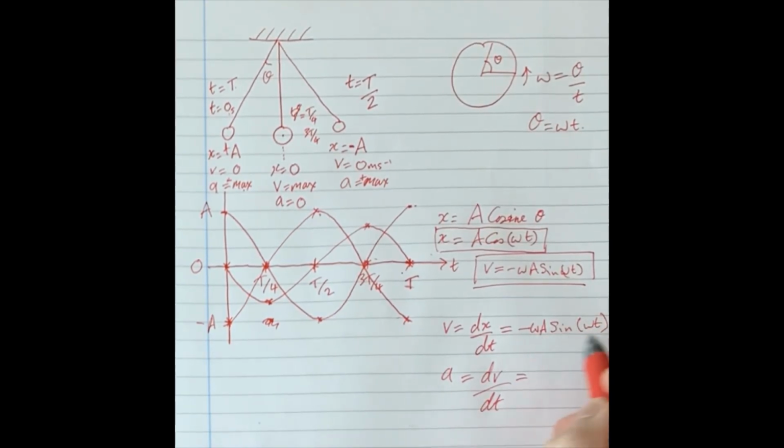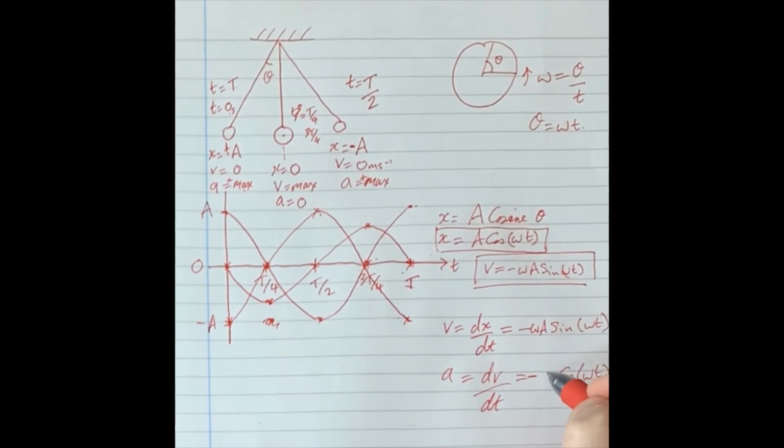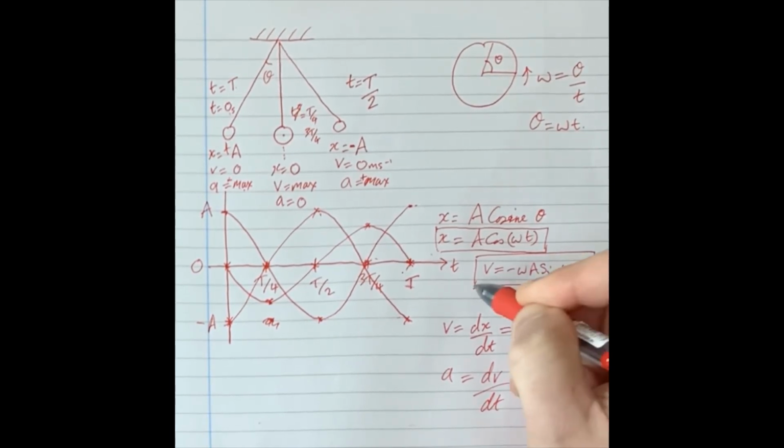If we do differentiate this, you would get cos of omega t, bearing in mind that was negative to begin with, so it remains negative, and then pull out an omega because you're differentiating with respect to t, so you get omega squared a. If I just bring this up and put it in a box: omega squared a cos omega t.